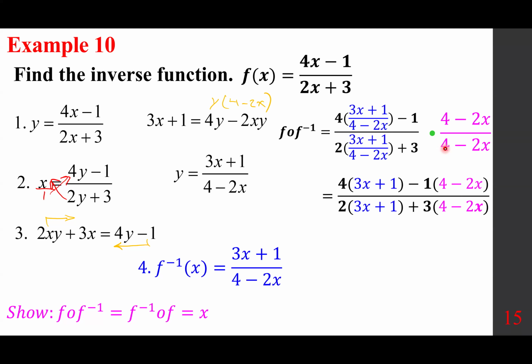So what happens here? 12x plus 4 minus 4 plus 2x. What happens here? 6x plus 2 plus 12 minus 6x.